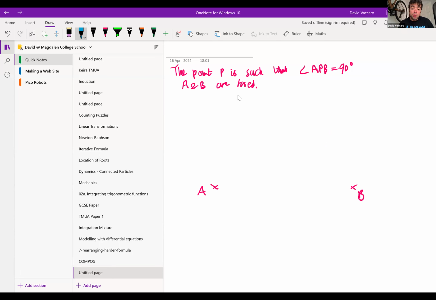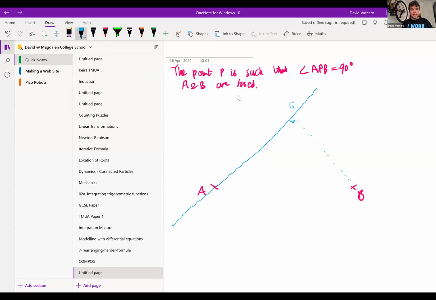So I'm going to imagine that I walk in some straight line from A. A little piece of geometry, which we for sure will see later on this evening, is that at some point on this blue line that I've just drawn, I can find the point which is the closest point from B to that line, I'll call that point Q, such that angle AQB is a right angle.